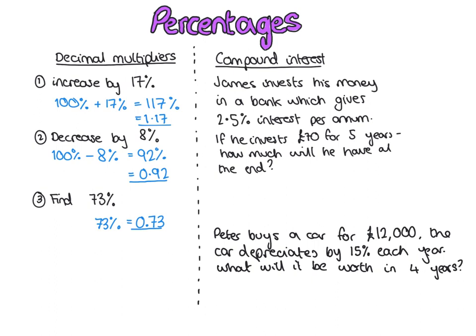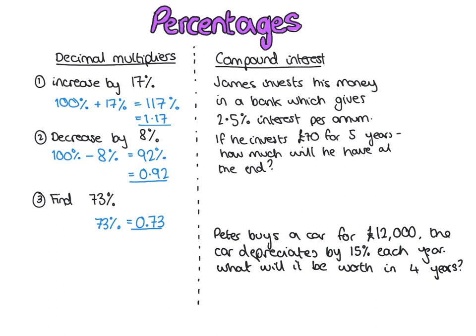So here are some compound interest questions. Compound interest is when you get interest and it keeps building up on top of itself. In this question, James invests his money in a bank account which gives 2.5% interest per annum.